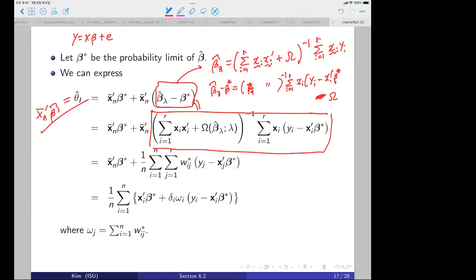Well, I think my point is, what I missed is there's actually an additional term which has to do with omega, because if you multiply this matrix to here, you get this one residual plus something that has to do with omega.